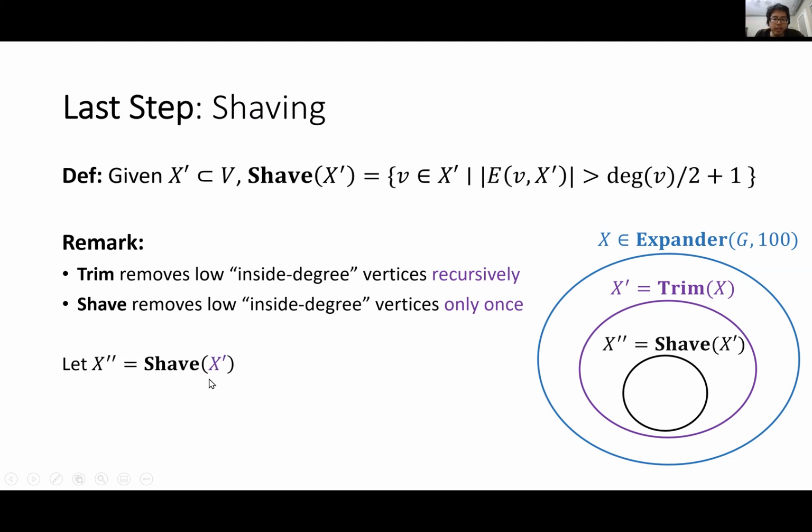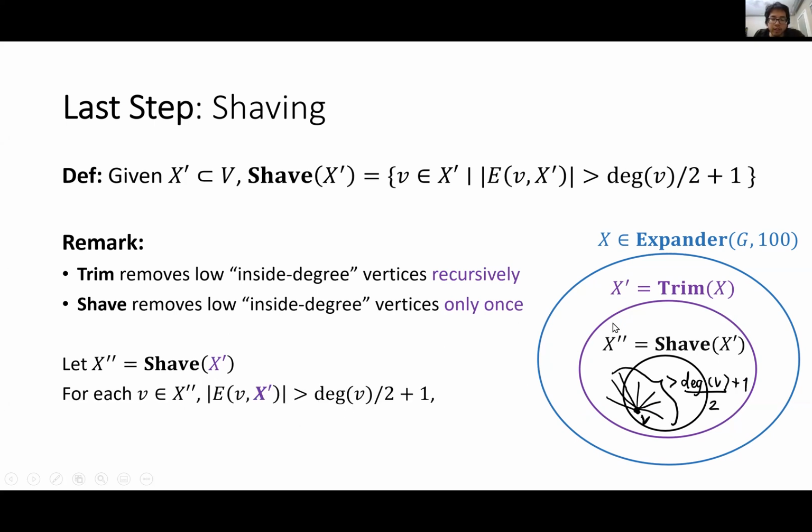So if you look at the set X double prime as a shave of X prime, then from the definition you would have this. That is, for each node in X double prime, the number of edges that go from V to X prime must be more than this.